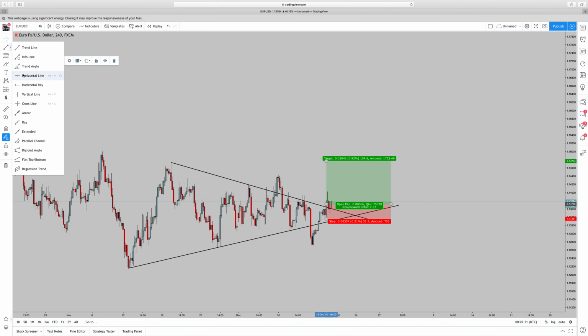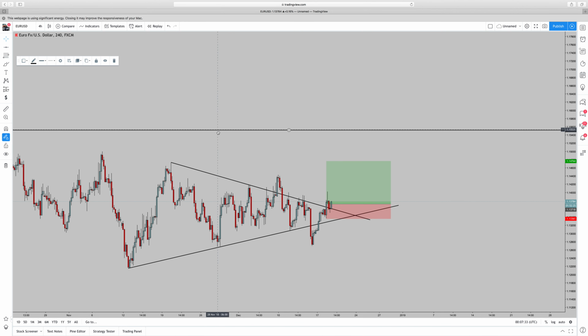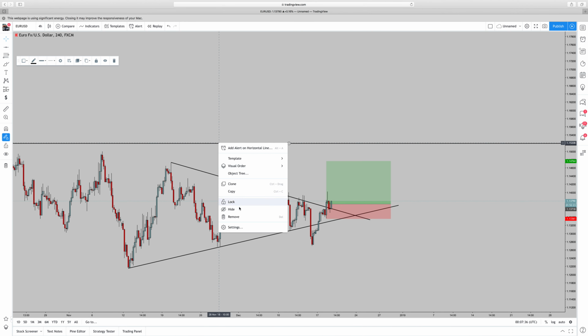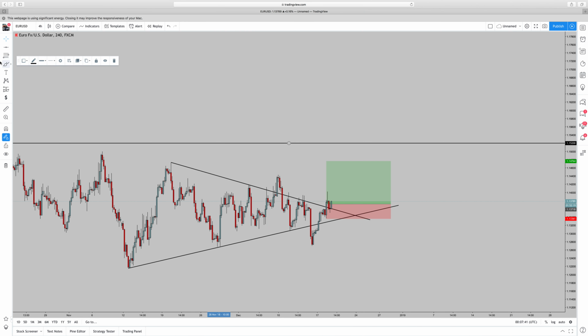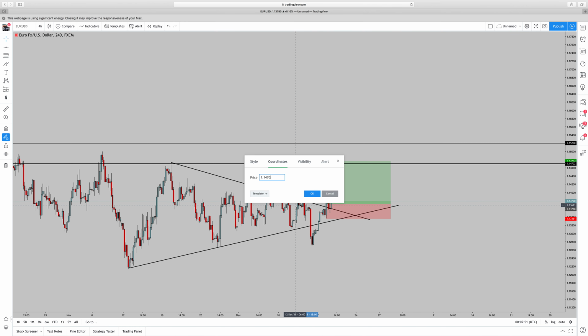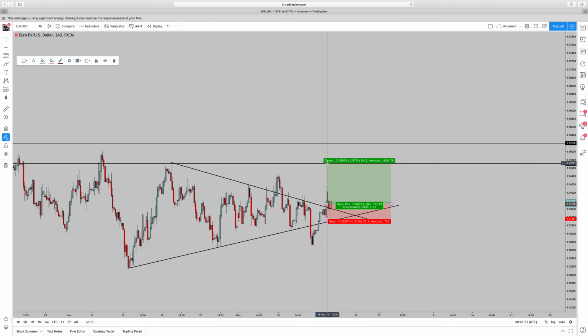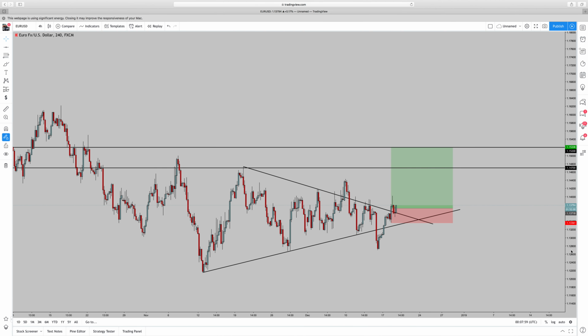And then our targets were 52 and 14.7. So you have a first target of about 100 pips, and then the next target is about 150 pips. So that's your USD for you.